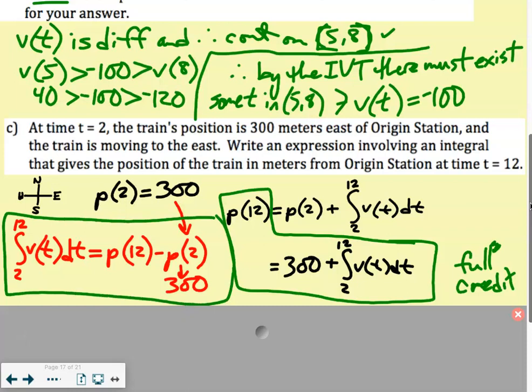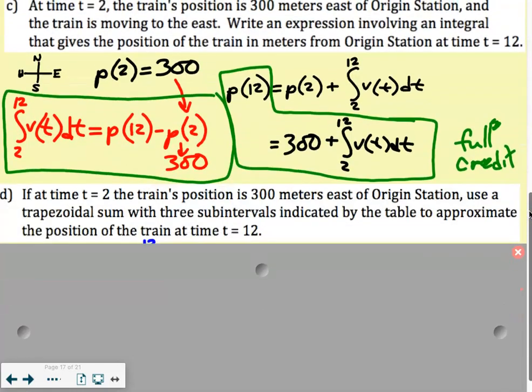Okay. All right. So anyway, now we have to evaluate it. How are we going to evaluate it? Well, they want us to use trapezoids. So we have to do a trapezoidal sum with 3 subintervals going from 2 to 12.